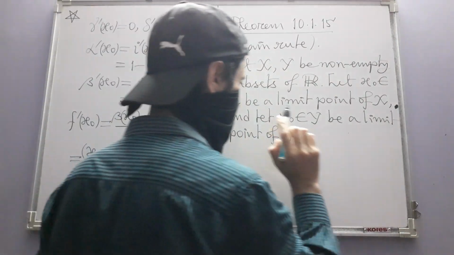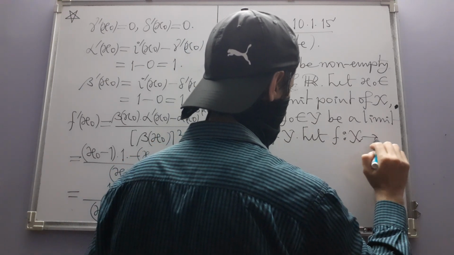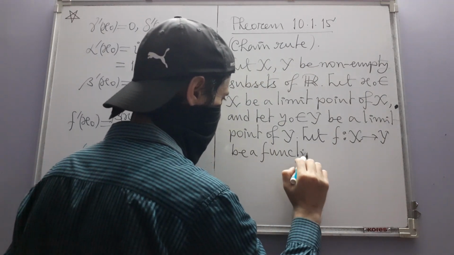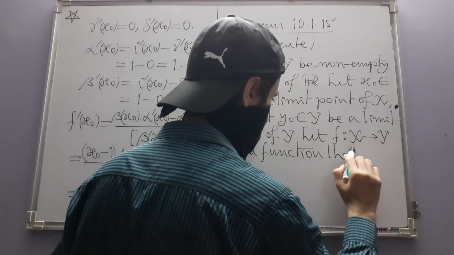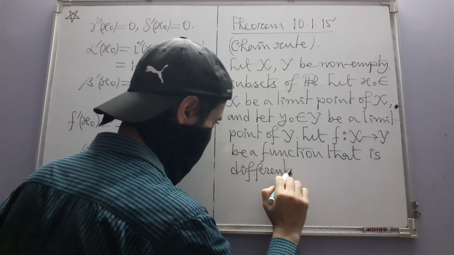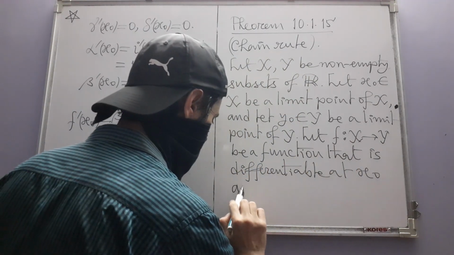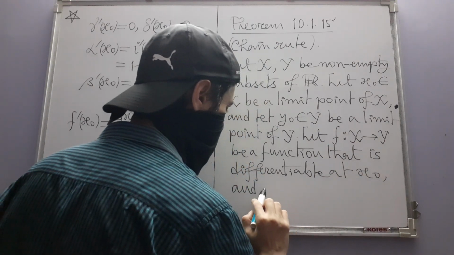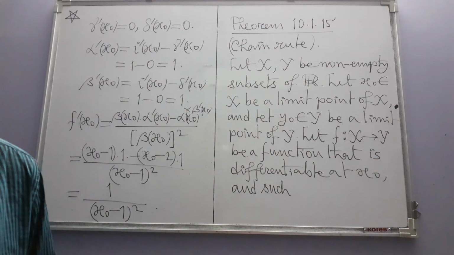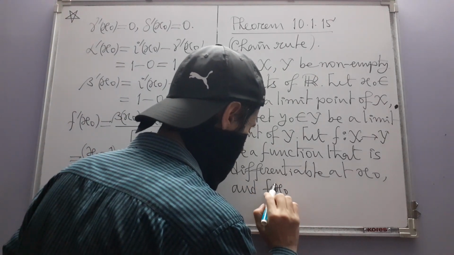Okay. Now we have two functions. Let f be a function from X into Y that is differentiable at x naught and such that f of x naught is equal to y naught.